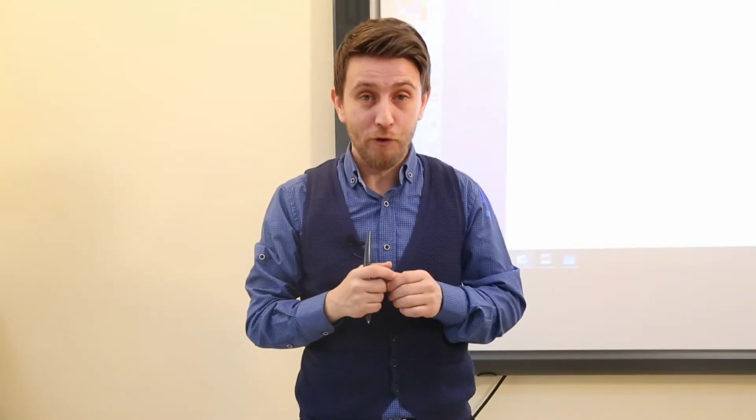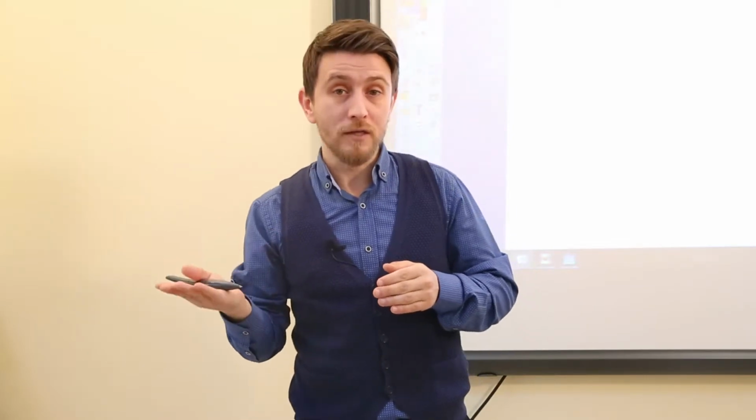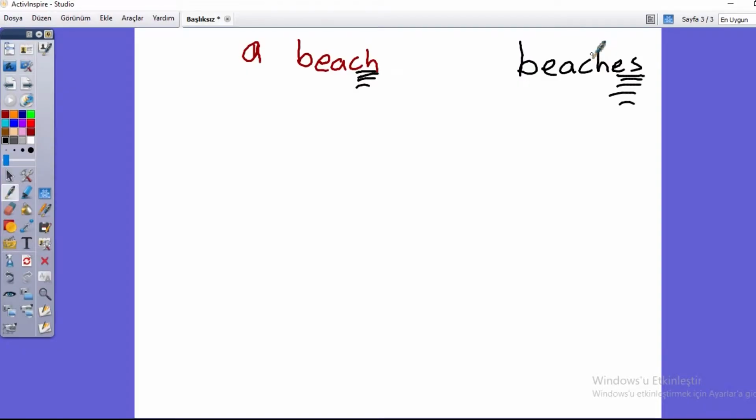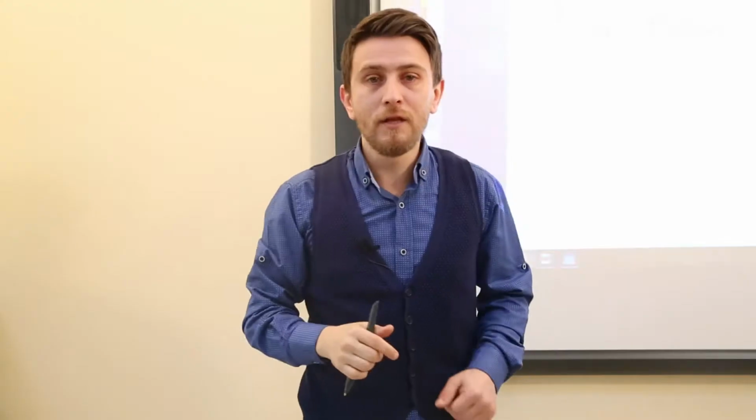Another one, this is a fruit that I really hate. I really don't like that fruit. I'm a bit allergic to it. It is a peach. So the plural form becomes peaches. Let's give the last example for nouns ending with ch.